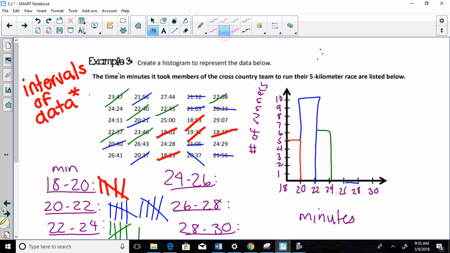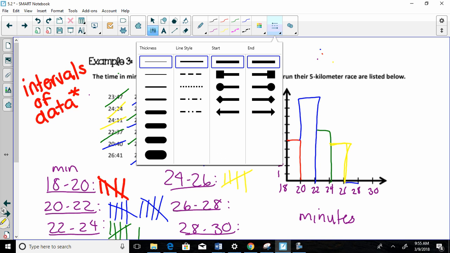Next one, yellow. So next one's 24 to 26. I'm just going to go through this quickly. Here I got 2. Here, 2. So that's 4. And 5. So all together I have 5. So it looks like this. See?